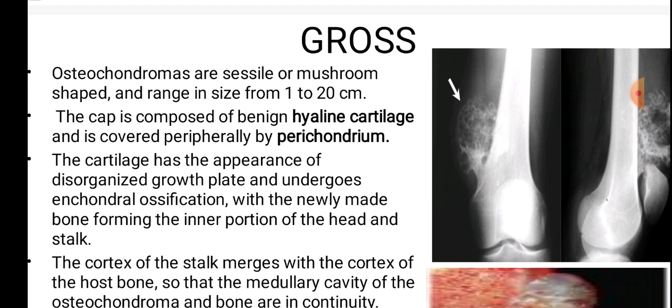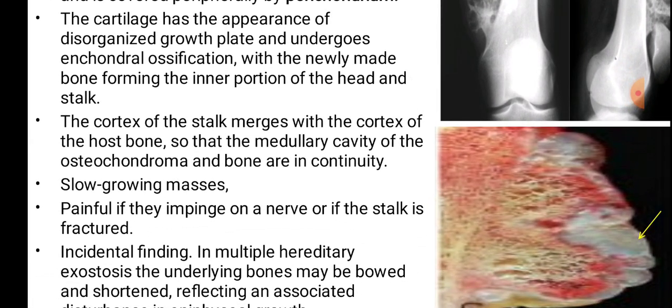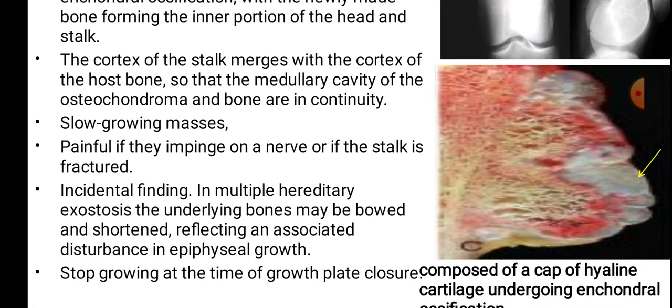Now, gross. Osteochondromas are sessile, mushroom shaped, and range in size from 1 to 20 centimeters. The cap is composed of benign hyaline cartilage covered peripherally by perichondrium. The cartilage has the appearance of a disorganized growth plate and undergoes enchondral ossification. So these are slow growing masses, painful if they impinge on a nerve. Okay.